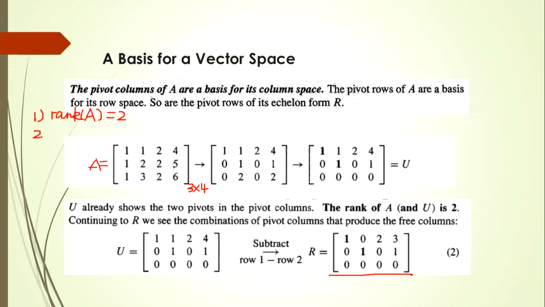And in matrix R, the first 2 columns, 1, 0, 0, and 0, 1, 0, are independent columns, right?